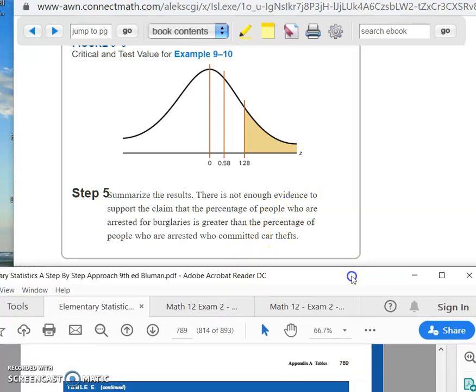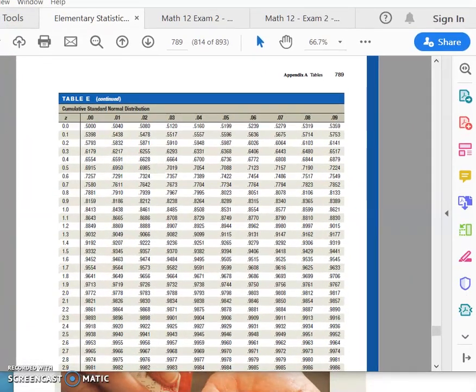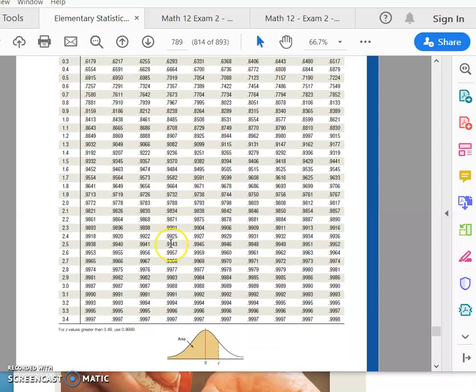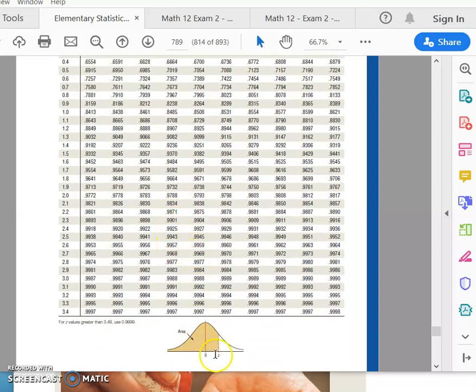Let's take a look. So 0.58 is right here. 0.5, come across here. Gives me 0.7190. So it's 0.7190. Remember, on these z tables, the numbers represent the area to the left of that z value.